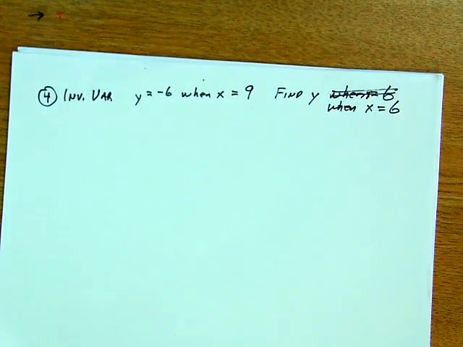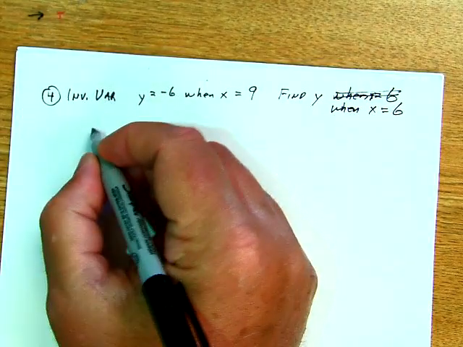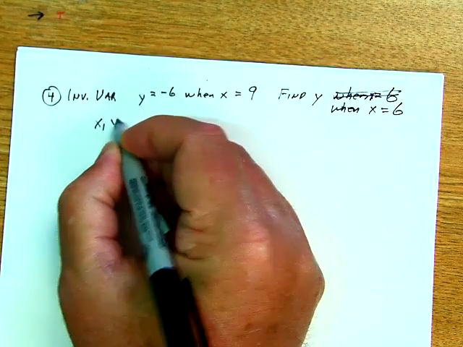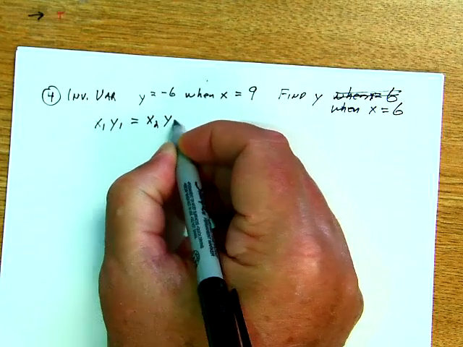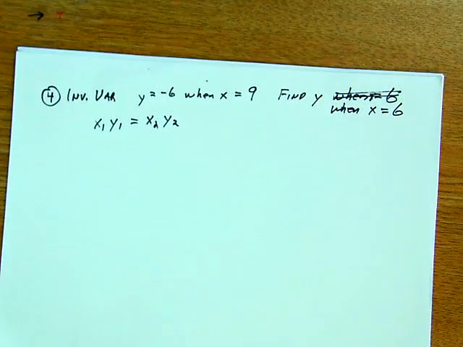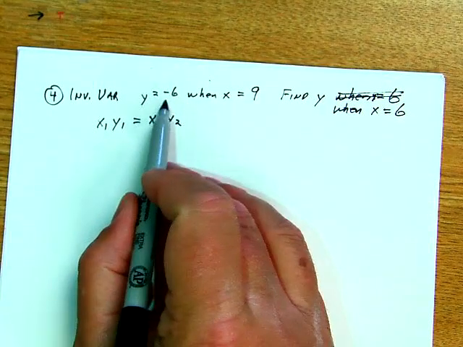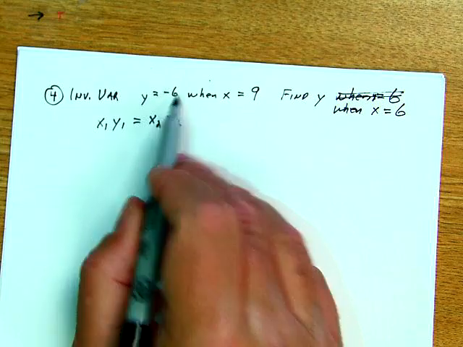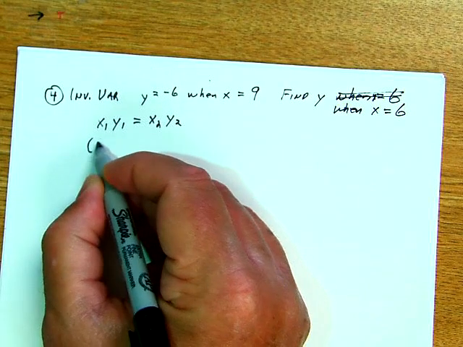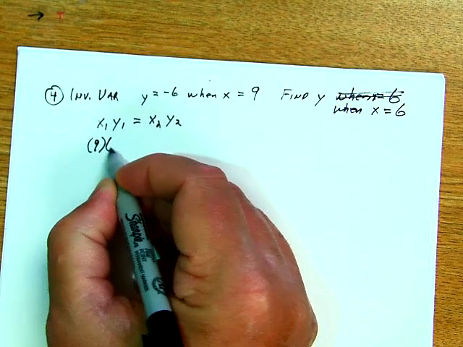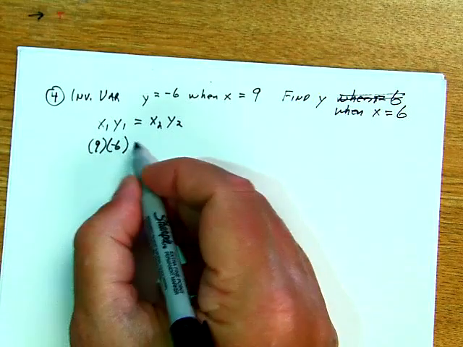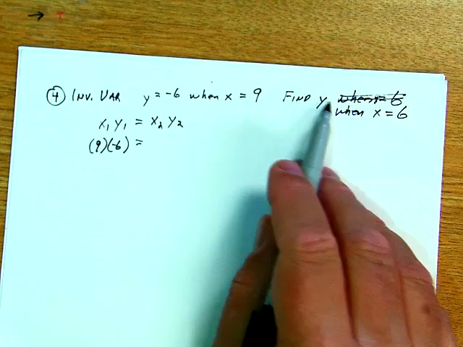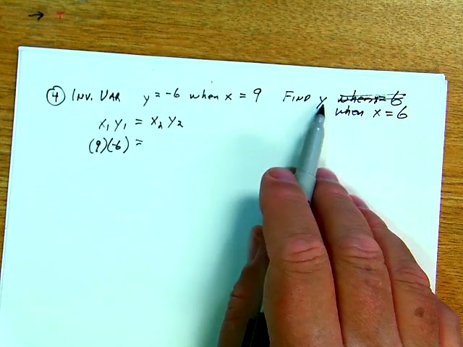Okay, so let's figure that out. Let's just use the product rule. x1 y1 is equal to x2 y2. There's our product rule formula. And here's our first point, 9 and -6. So there's the 9, and there's the -6. And over here is our second point. x is 6, y is what?